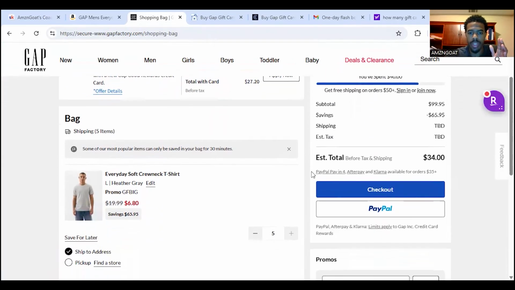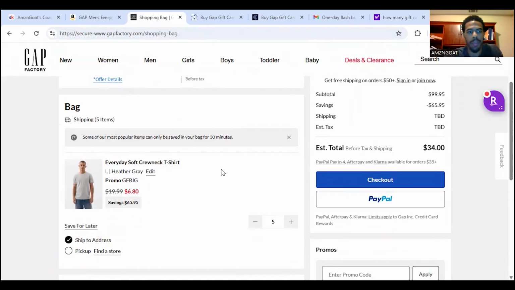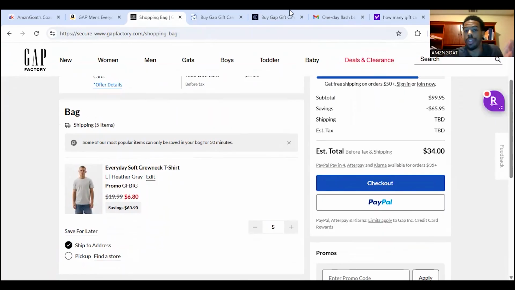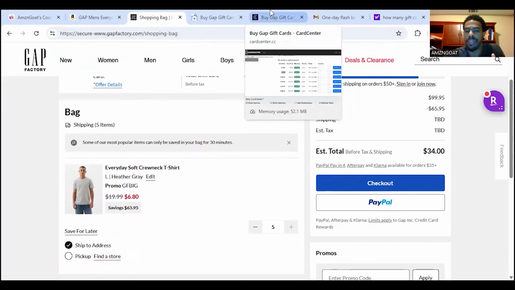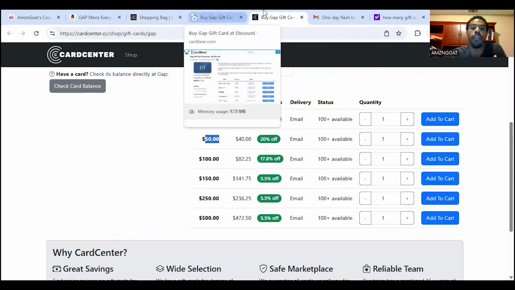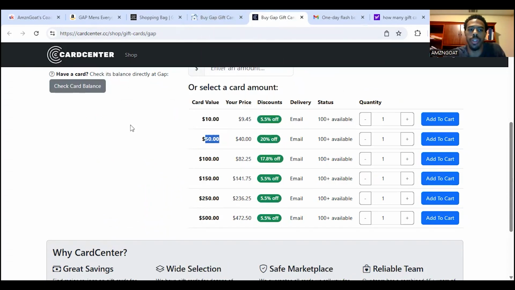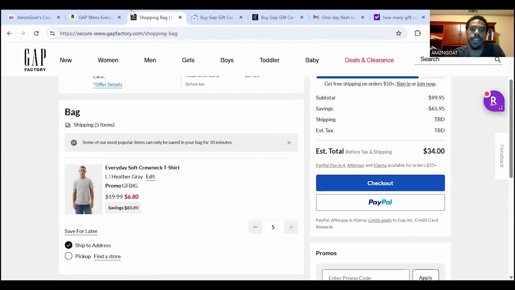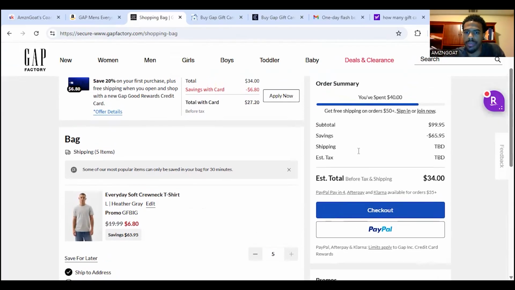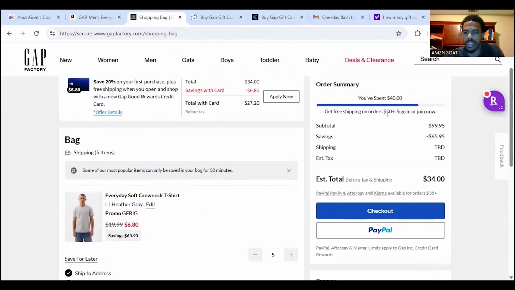So let's say that we had other Gap products that we wanted to buy with this one. But basically, if you didn't want to buy five $50 gift cards, whatever number of gift cards you want to get, you just want to get the shopping bag and the cart, and the total after tax and shipping should be... Yeah, you get free shipping on orders over $50.